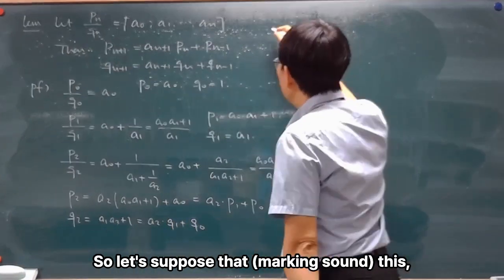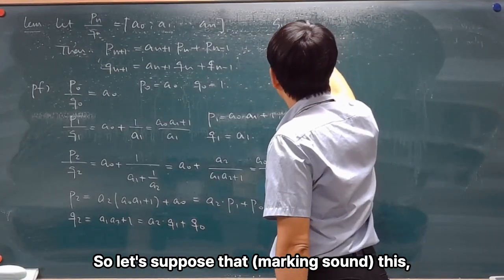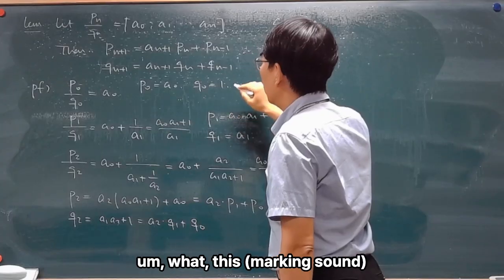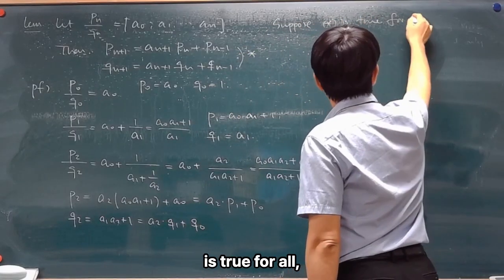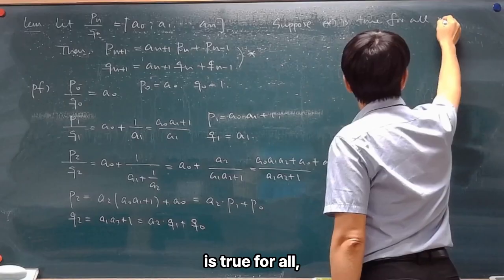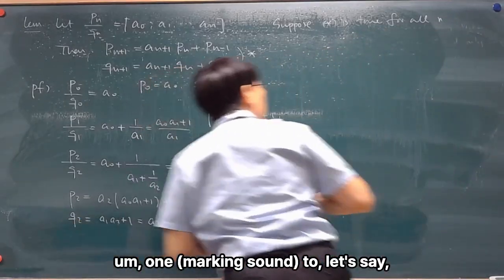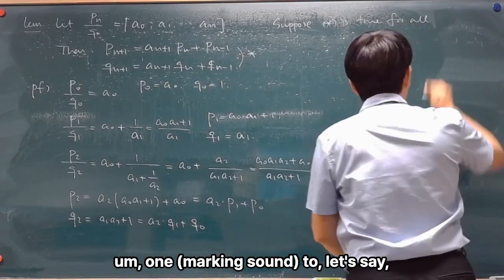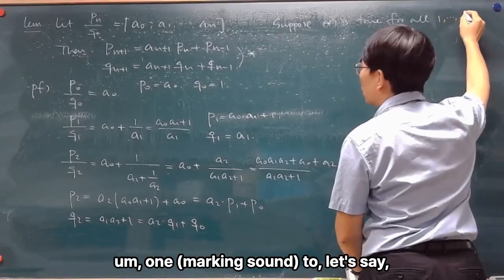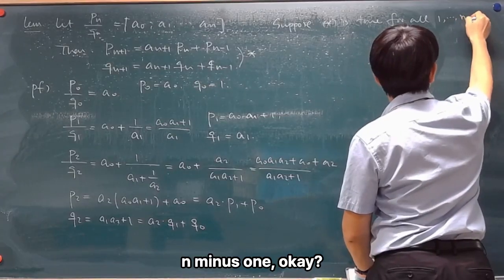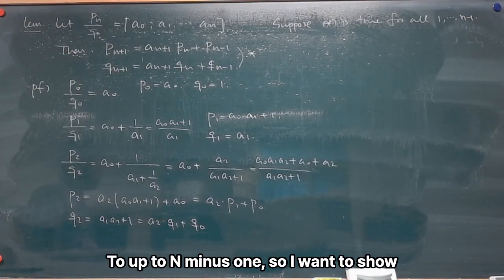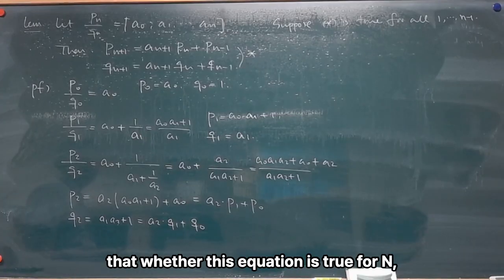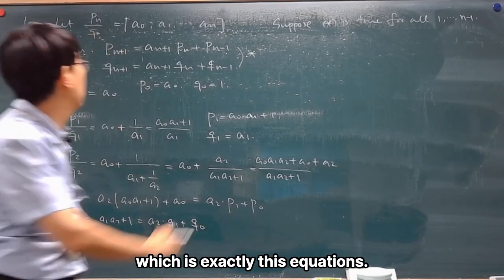So let's suppose that this is true for all indices from 1 to, let's say, n minus 1. Okay, so I can get it up to n minus 1. I want to show whether this equation is true for n, which is exactly these equations.